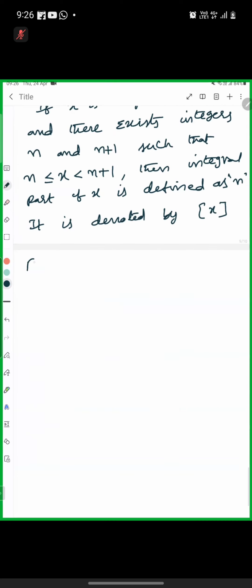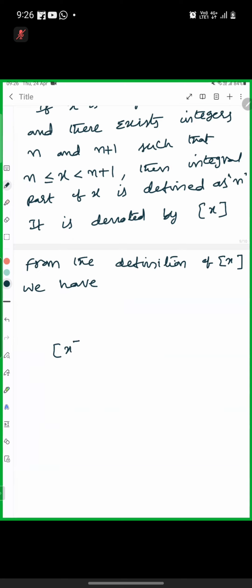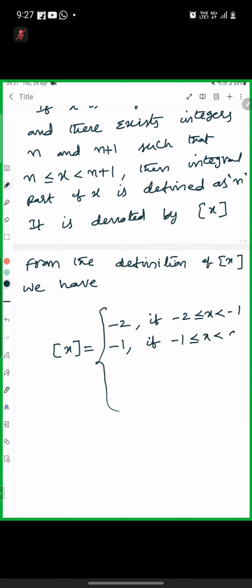From the definition of the integral part of x, we have the integral part of x is equal to -2 if -2 is less than or equal to x less than -1, and is -1 if x lies between -1 and 0, and is 0 if x lies between 0 and 1. Observe this.